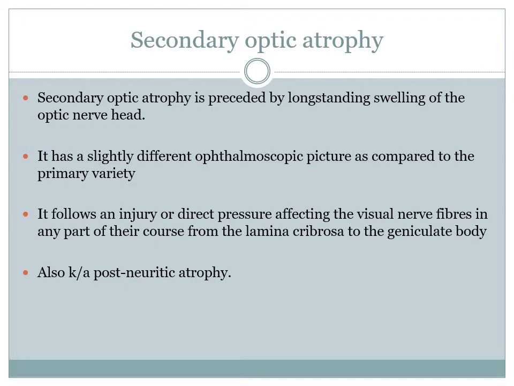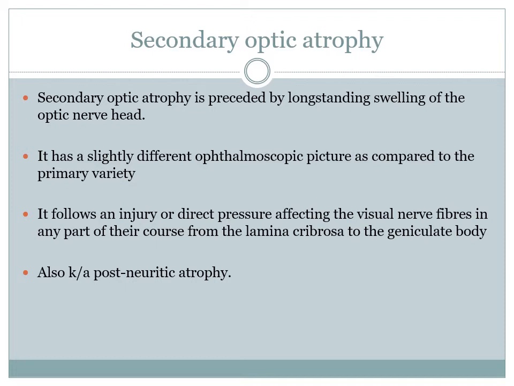Here the lamina is also involved. So an insult is already done to the lamina, like papilledema, like papillitis, or direct pressure. So whatever has happened has involved the lamina. So from lamina to geniculate body, some injury has taken place which subsequently has caused secondary optic atrophy.